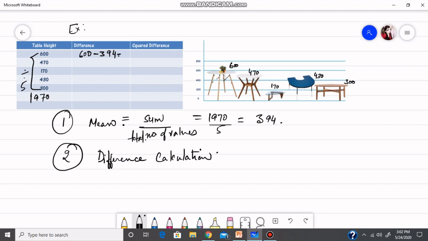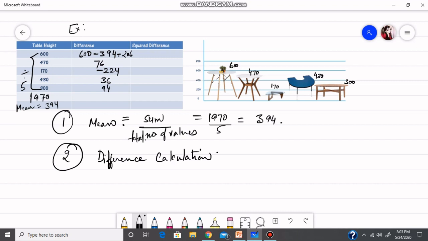After deducting, I get 206 here, 76, minus 224, minus 36, and this is 94, that is 300 minus 394. The mean that I got here was 394, and in this step I have deducted the mean from each height value.